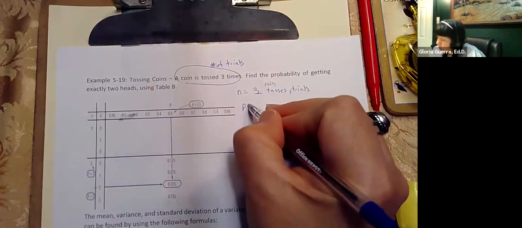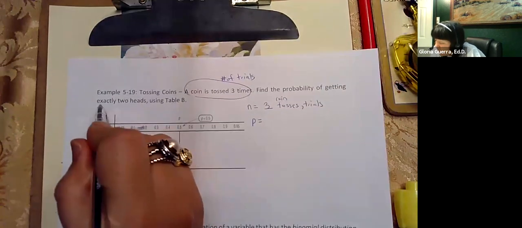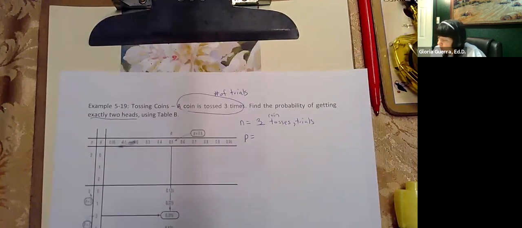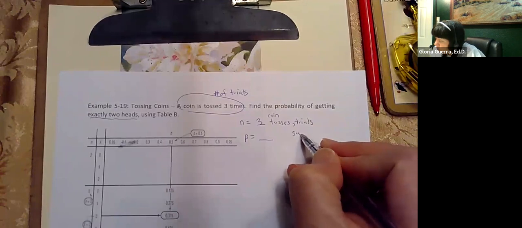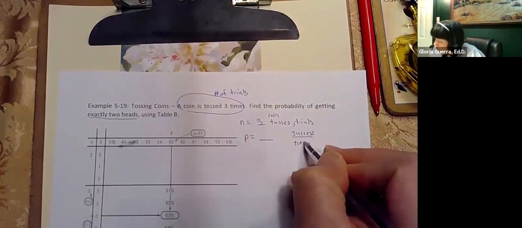Okay, now find the probability of getting exactly 2 heads. To get your probability, it's the idea of successes over the total.